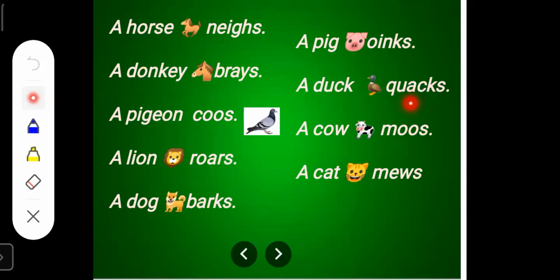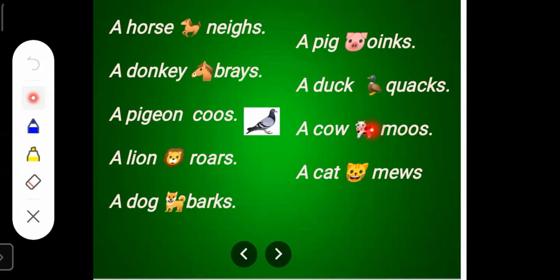A duck quacks. The sound made by a duck is called quack. So when a duck makes a sound, we say a duck quacks. A cow moos.